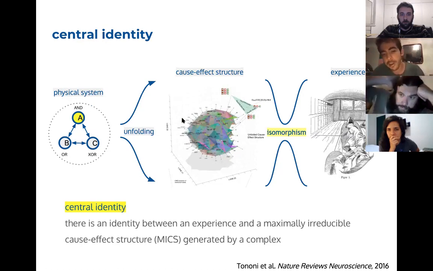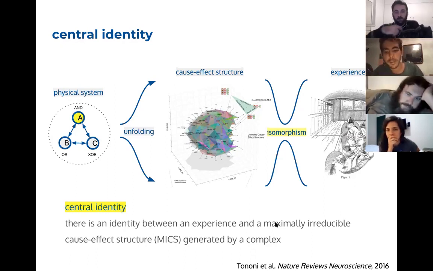And then you also have relations inside, and then you affirm this isomorphism between the phenomenal distinctions and relations you find in experience and the causal distinctions and relations you find once you unfold the powers of a system in a state.